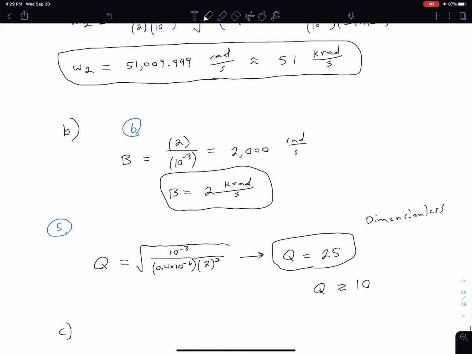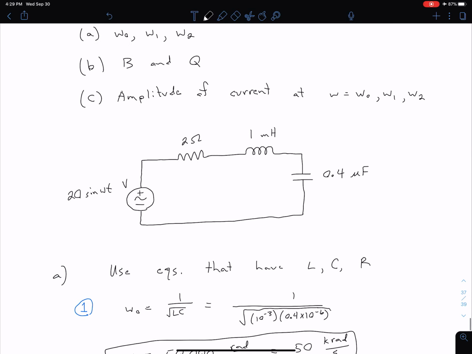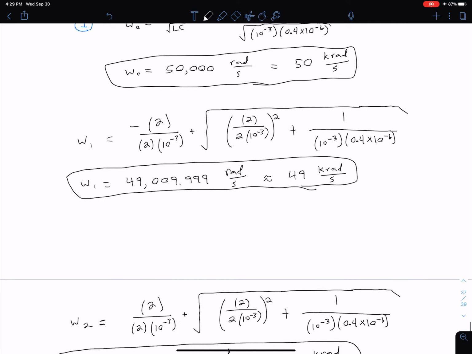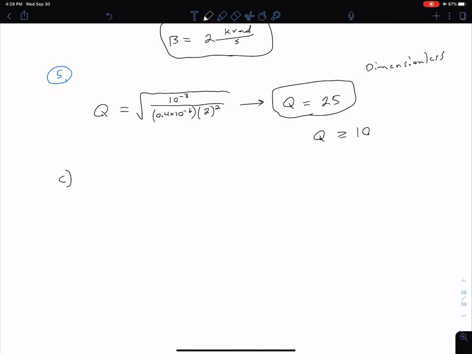Okay, so moving on to part C then, what we're looking for is the amplitude of current at omega equals omega naught, omega 1, and omega 2. What we're going to have to consider now is this voltage information here, particularly this voltage magnitude of 20. So we know that at our resonant frequency, our current is the max value.